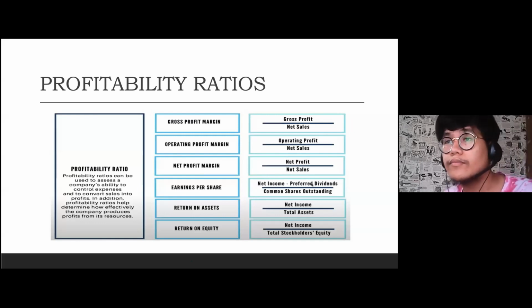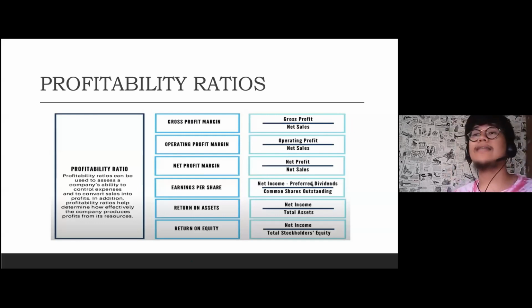Next, we have your return on assets. Sabi natin, ano ang other term natin for return on assets? Very good, we can also call it your ROI, or return on investment.